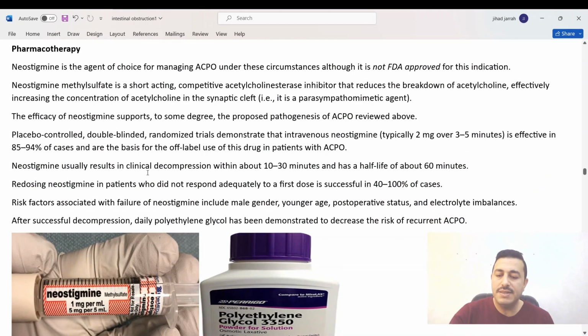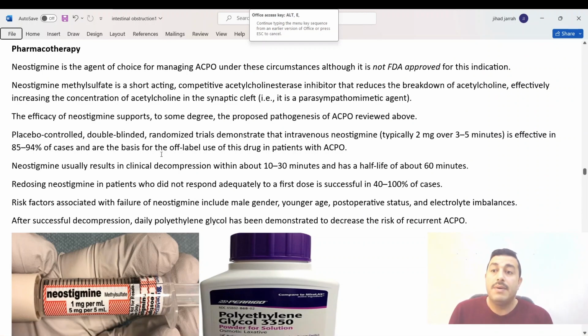Pharmacological treatment. And here we are talking about neostigmine. We should think like that. We need an agent to increase the parasympathetic activity, or parasympathomimetic activity, which will lead to an increase in the concentration of acetylcholine. So neostigmine works like this. It's a competitive acetylcholinesterase inhibitor.